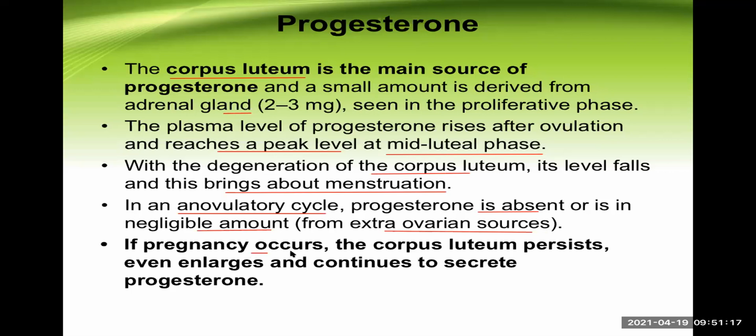If pregnancy occurs, the corpus luteum persists, even enlarges, and continues to secrete progesterone. So which hormone is maintaining this corpus luteum during pregnancy? Which hormone is that? Beta. Absolutely, beta HCG.